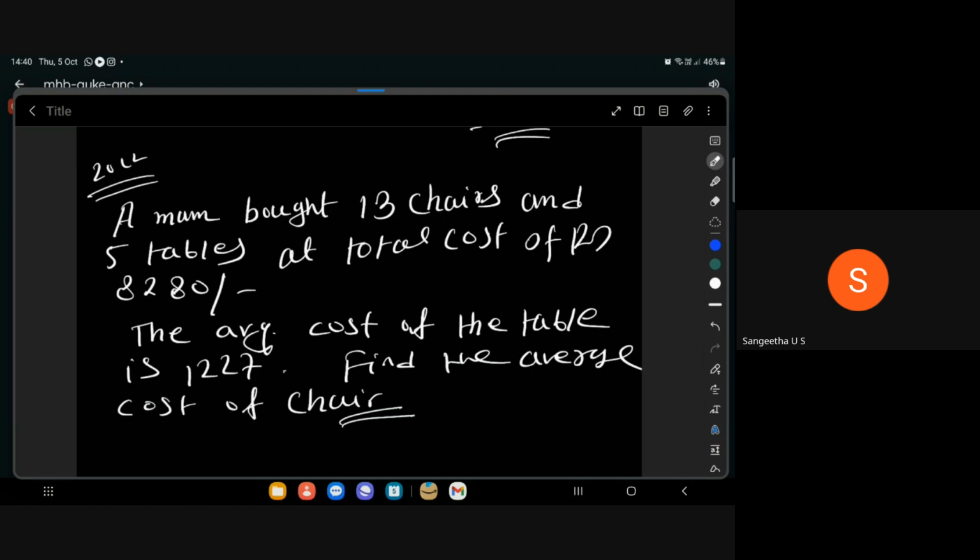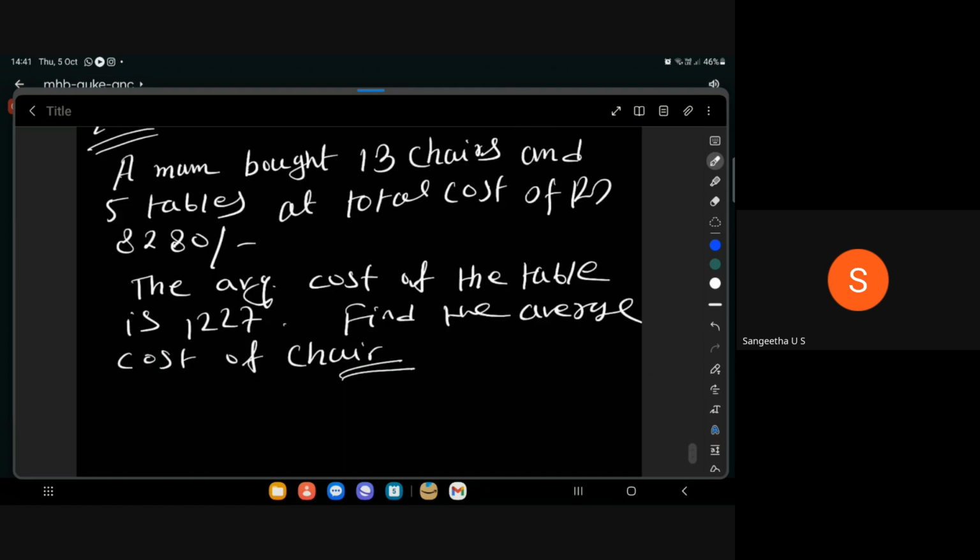They have given you the average cost of one table, which is 1227 on average.